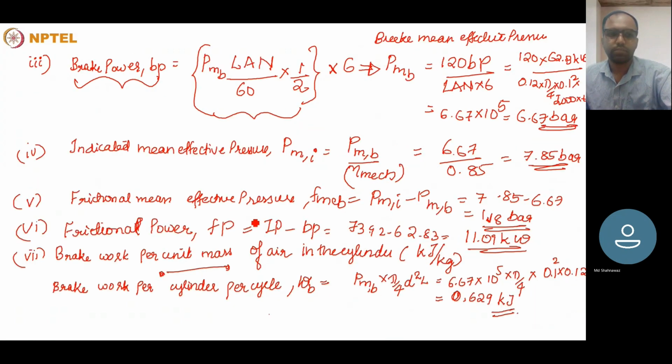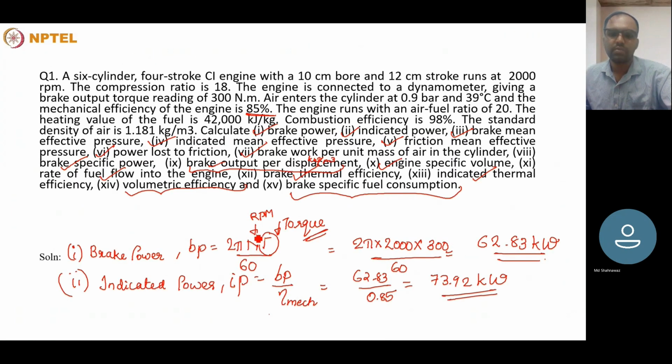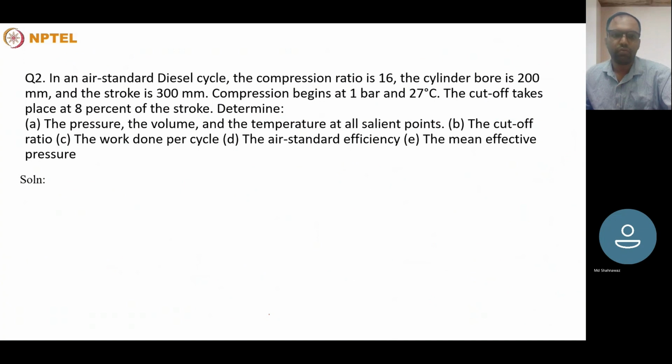So that completes the first problem, where we have seen almost all the basic fundamentals of IC engines. We have calculated almost all important parameters in this problem. So now we can move to the second problem.